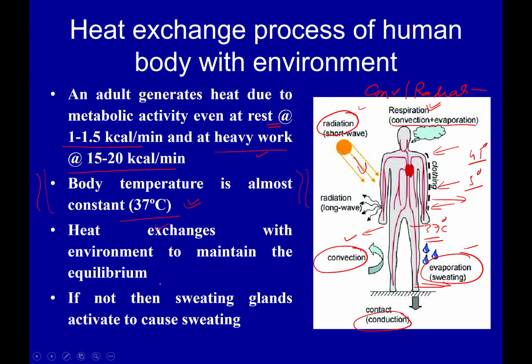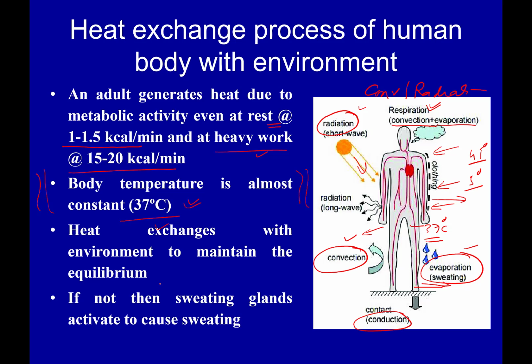And if there is no heat loss while heat is being generated due to the work or the metabolic activity, then sweat glands will activate and cause sweating. Sweating will lead to evaporation and the body temperature will come down.